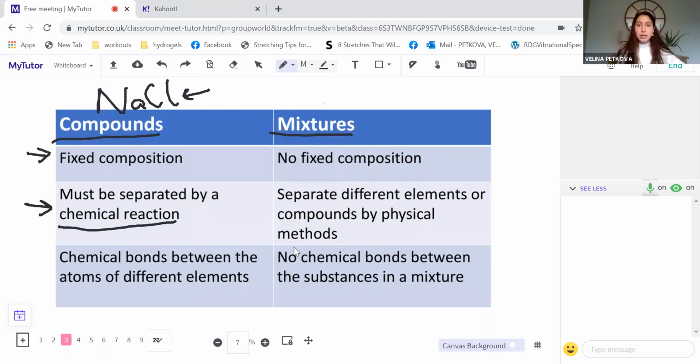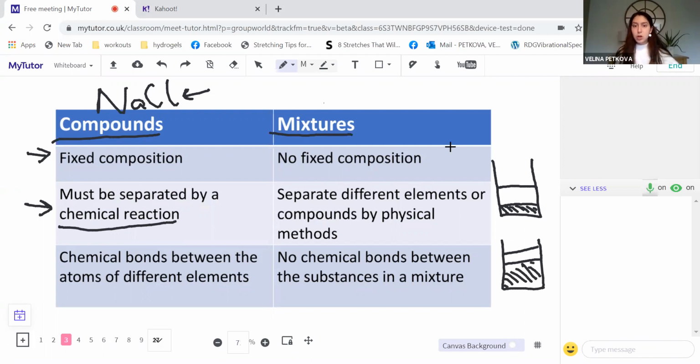Then let's talk about mixtures. What is a mixture? Mixtures have no fixed composition. An example would be sand in water. If we had this much sand in the bottom, that's a mixture. But if we have this much sand in the water, that's also a mixture.